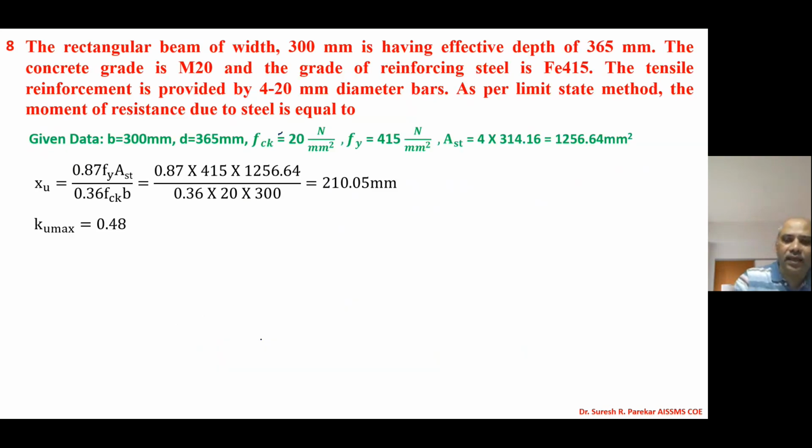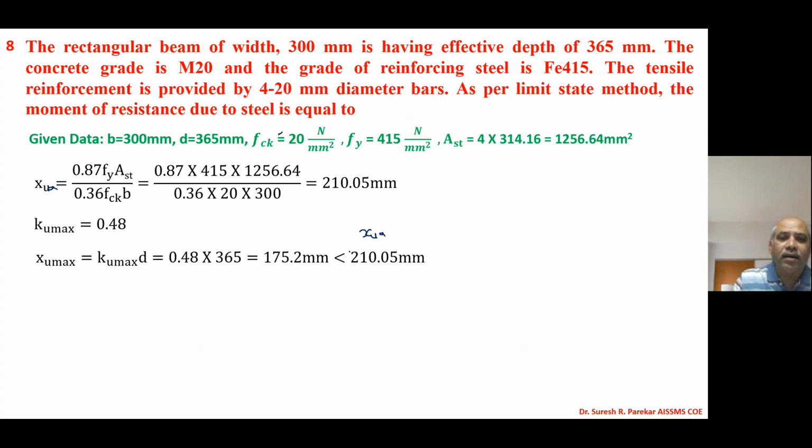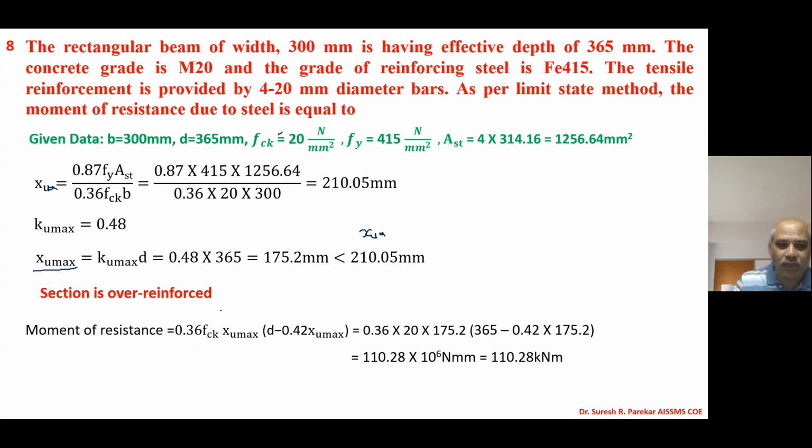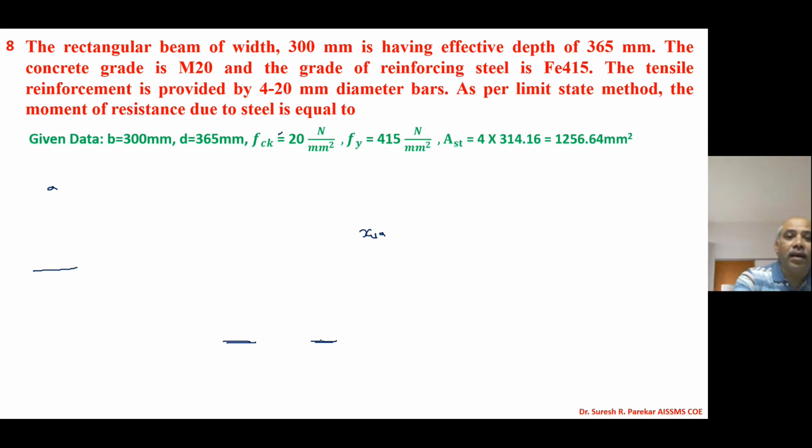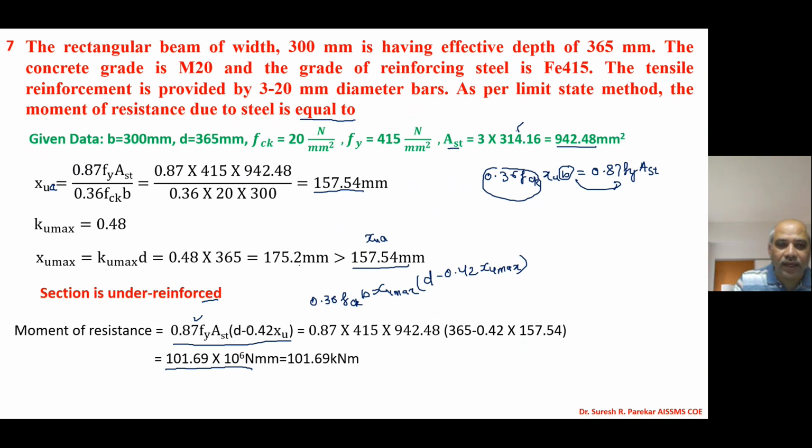But here, this is Xu actual, and this Xu actual value is greater than Xu max, and in that case we cannot go beyond the maximum value, and therefore the section is over reinforced and we have to limit Xu equal to Xu max, and therefore we are now using the formula with Xu max. For over reinforced we cannot go more than Xu max, and therefore in over reinforced we are using Xu max, and in under reinforced we are going to use the value of Xu.